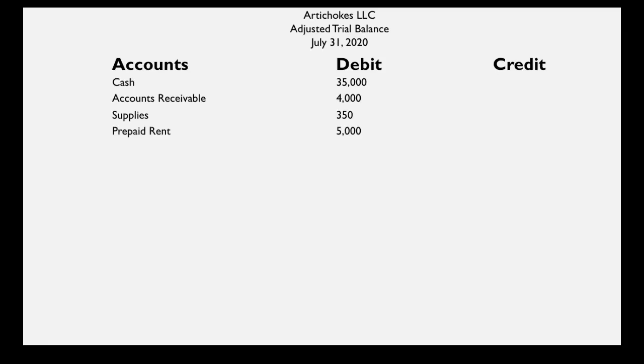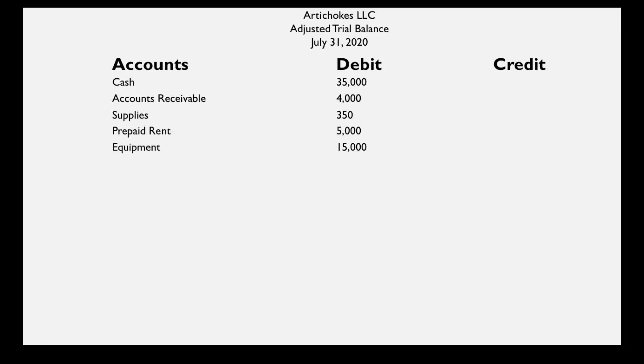After supplies comes prepaid rent. Prepaid rent was initially $6,000, but we used up a month of our prepaid rental agreement, so that went down to $5,000. After prepaid rent comes equipment. Equipment was not affected, right? Equipment ended up depreciating, but we did not affect the equipment account itself.